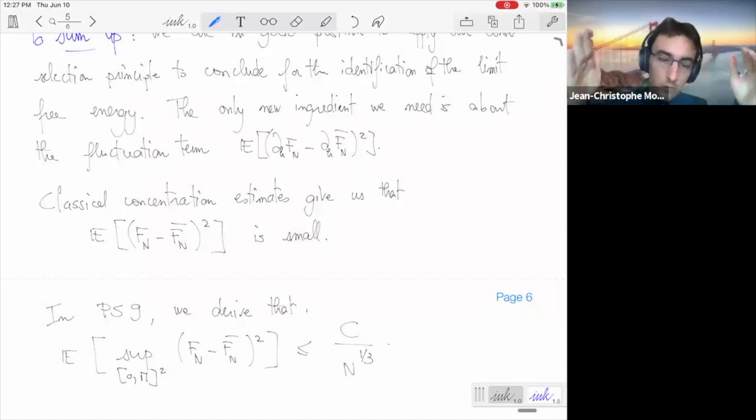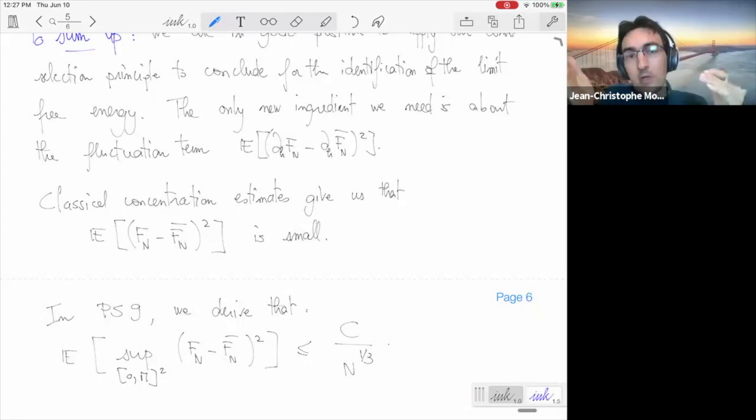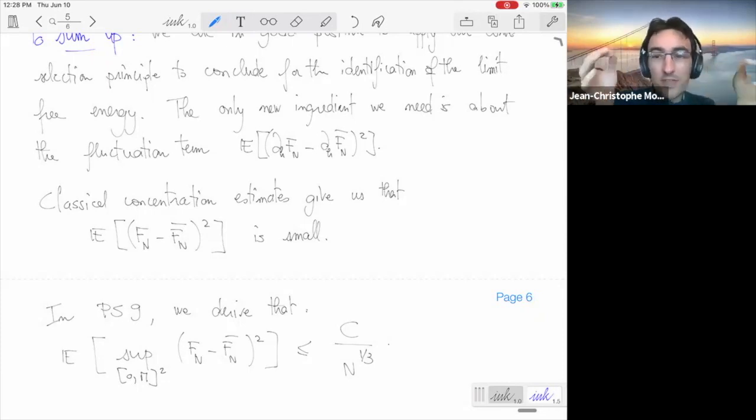And so there's clearly a difference between saying that the free energy has small fluctuations and saying that the derivatives of the free energy have small fluctuations. But we're kind of used to this sort of problem because it's the same with the second derivative of the free energy. We cannot say the second derivative of the free energy is small everywhere. We can only say it at nice points, or maybe in some average sense.